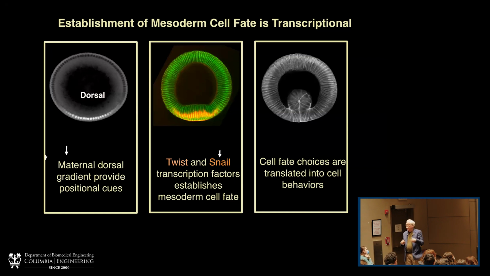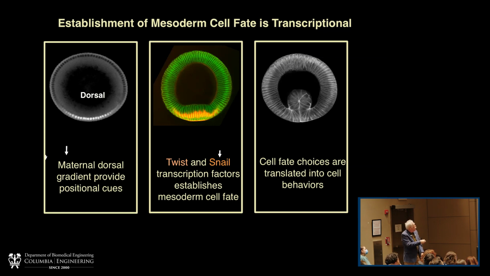Dorsal is a transcription factor and activates the expression of a set of two genes called twist and snail that are essentially mesodermal fate determinants. They are themselves transcription factors and register these cells as being mesoderm and these cells as being not mesoderm, ectoderm.